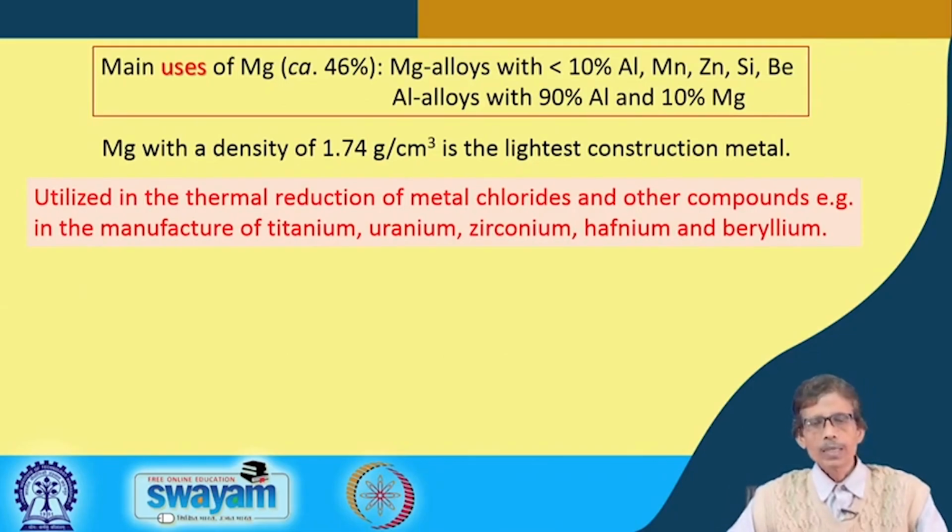And for other compounds, particularly metal chlorides, some examples are titanium, uranium and beryllium, which are in the chloride salts. So, how do we get the free element or metal like titanium metal itself or beryllium metal itself? We will be using magnesium as the reducing agent.